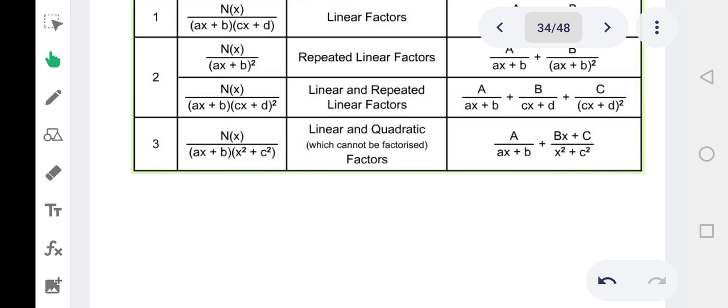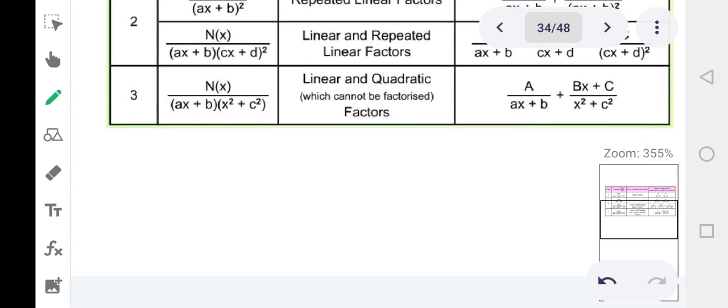What should you do? You have to do like this: A over the linear part, plus Bx plus C over x squared plus c squared. All right, so if there is a linear, this is the linear part, you say A over the linear part, but plus, if this is the quadratic, you say Bx plus C over x squared plus c squared. All right, let's just look at examples.